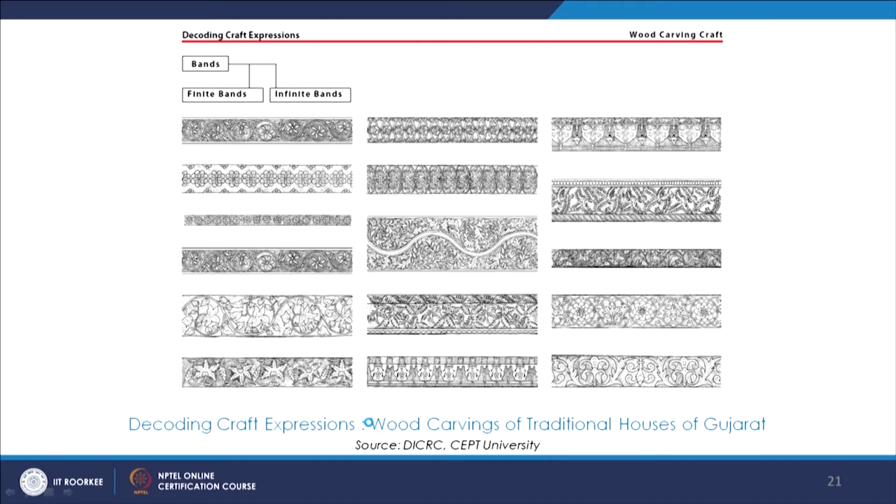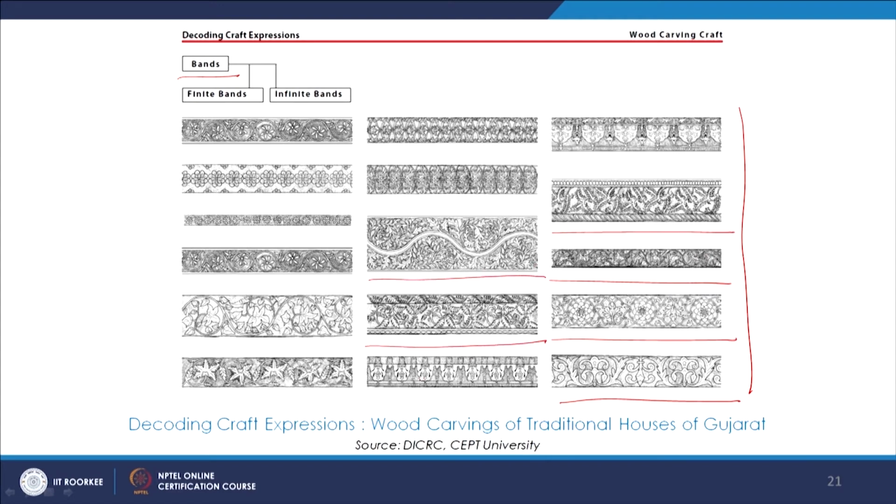Some more examples when we see bands, so finite bands and infinite bands, and we see lots of bands and the bale motifs and the designs that we see in the carvings, the different kinds of curves, different thicknesses, different kinds of leaves, all of these different kinds of lines. So these are varied bands that can be seen, and not just in Gujarat, a lot of other places like we just saw in Uttarakhand also.